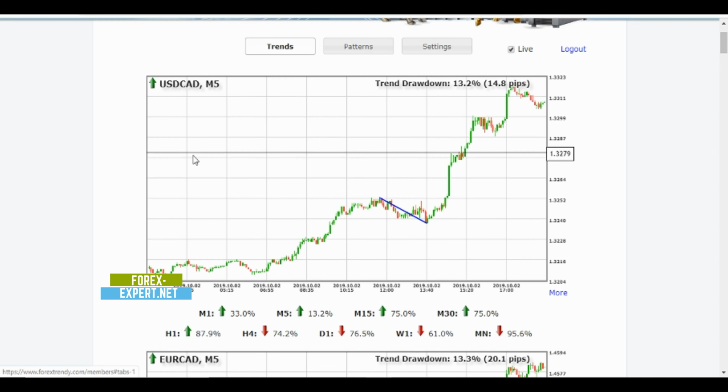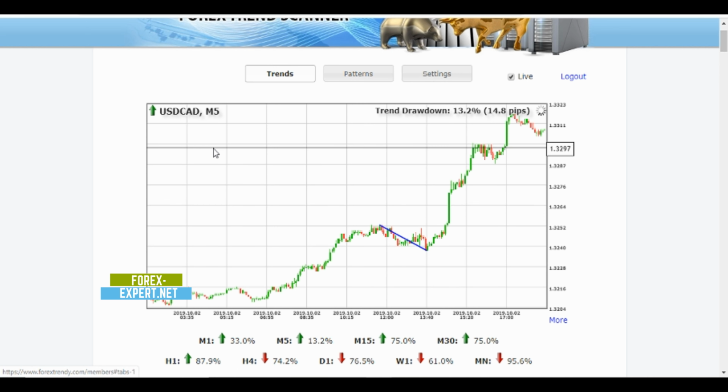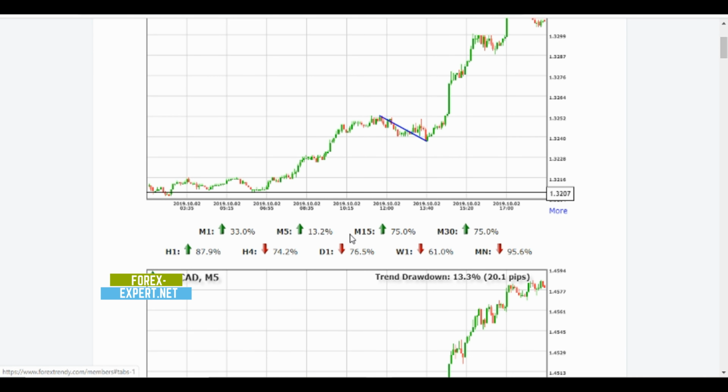So let's suppose I want to follow this trend. I want to enter, and on my 5-minute time frame, I will look at the higher time frames. I know that on the 15-minute time frame I have an uptrend, on the 30-minute too, on the hourly again, but on the 4-hour I got a downtrend, and so on.